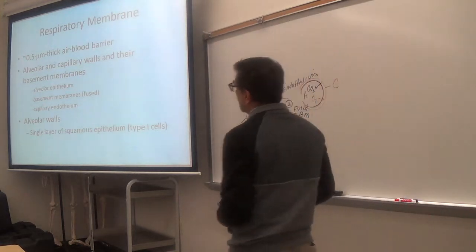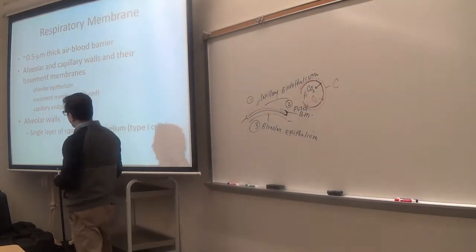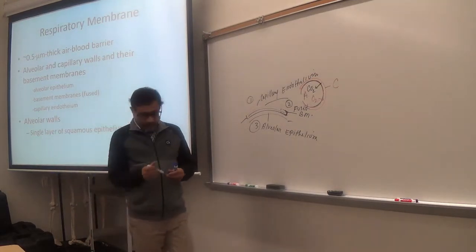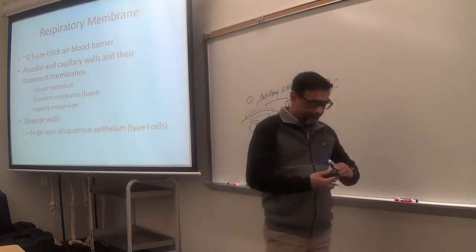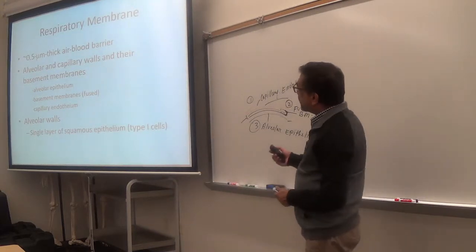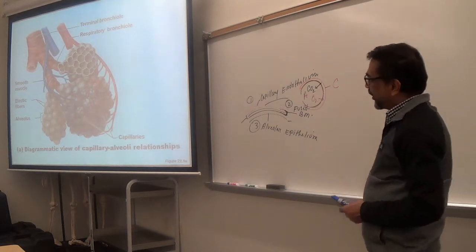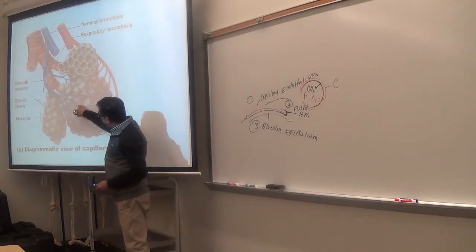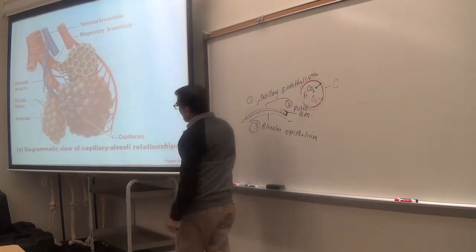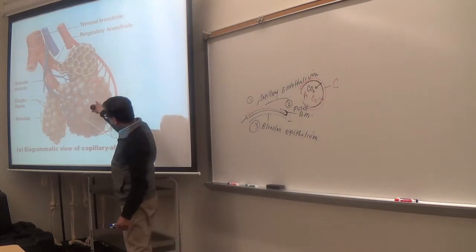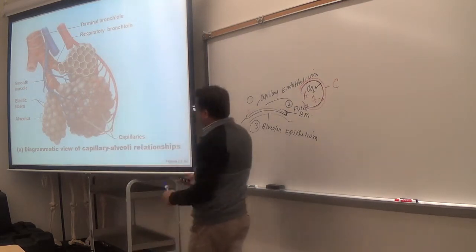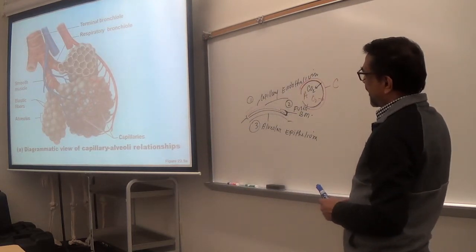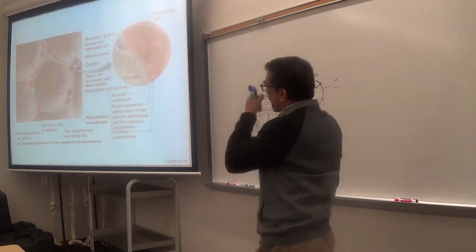And gas passes through those three layers. Here you see how beautifully every alveolus gets capillary on its surface. The capillary beds are resting on the alveoli. So that's how the exchange occurs.